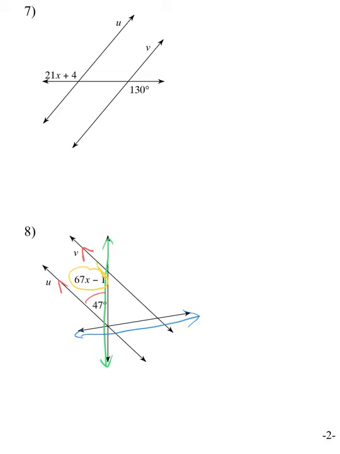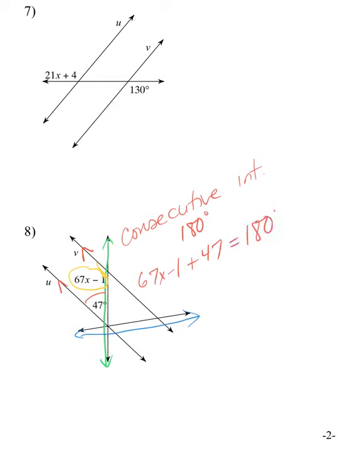Consecutive interior. Oh. So those two angles are consecutive interior. Therefore, they equal 180. So you would say 67 minus 1 plus 47. Could you do a 67 minus 48 or plus 46?